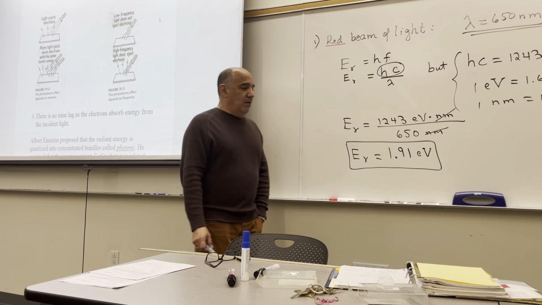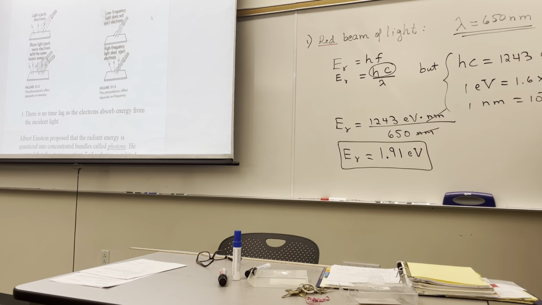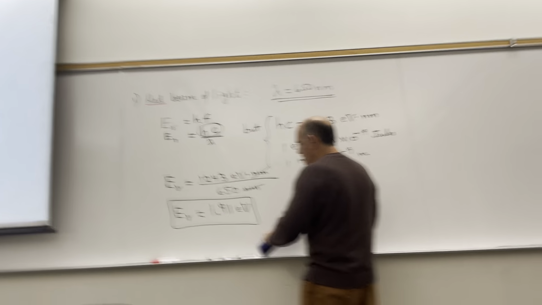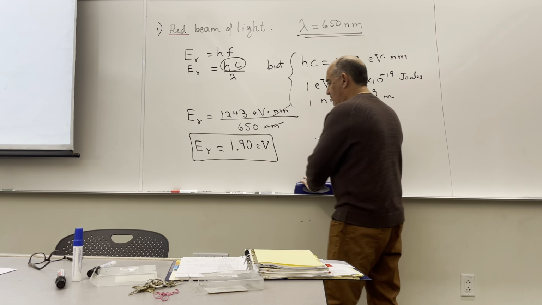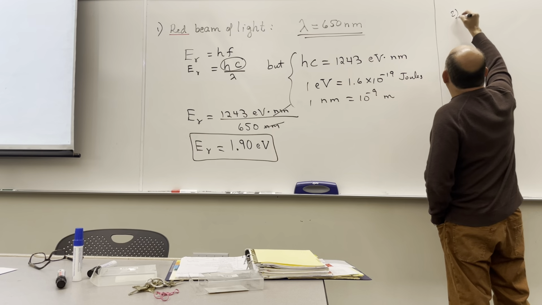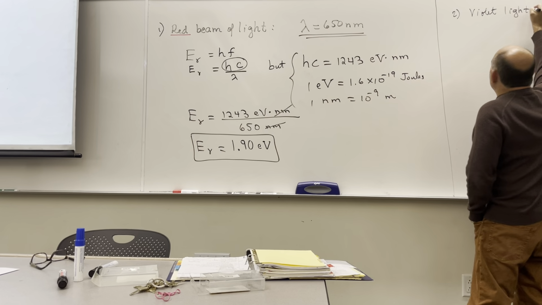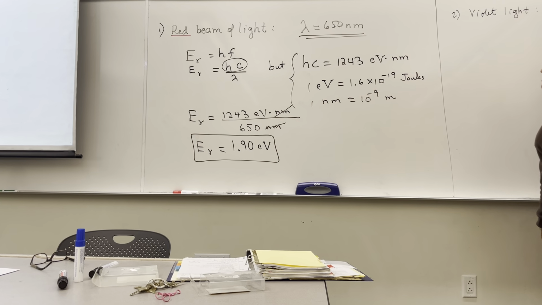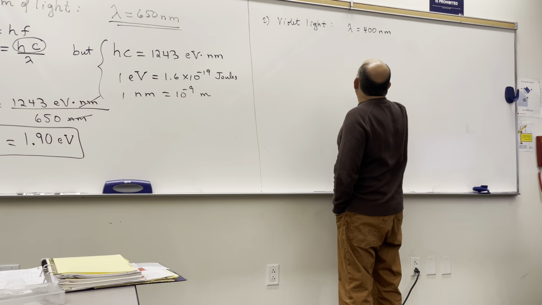Now, let's call this 1.90 for the sake of argument. What if you shine violet light? Let's go to the end of the spectrum, 400 nanometers.